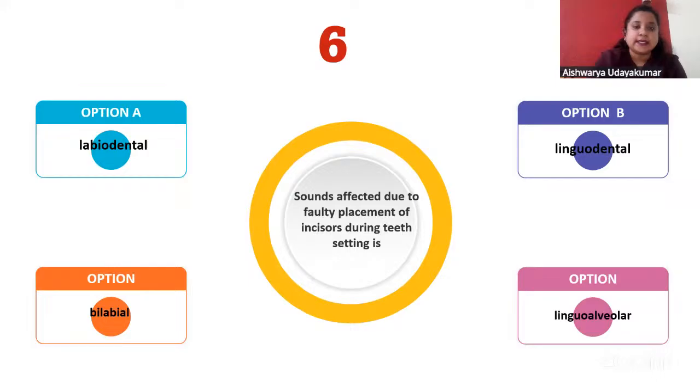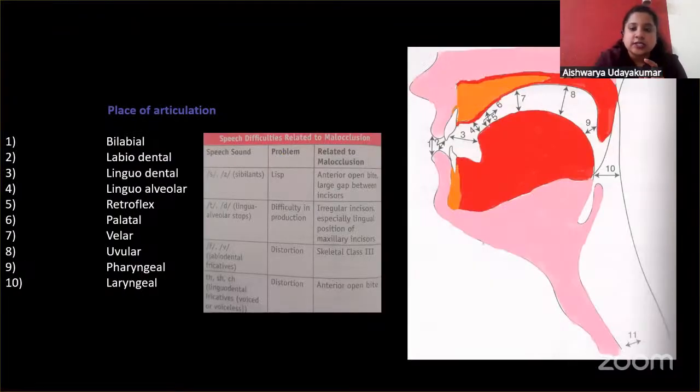Always on the anterior teeth, you see this image that I have marked 1 to 10, and I have shown you the arrow marks with 1, 2. When we say bilabial, it is two lips touching.